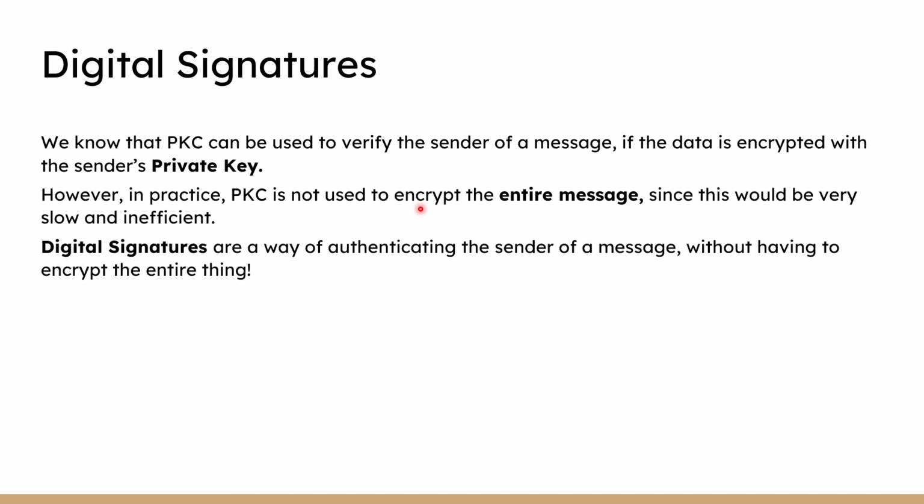So what we do instead is we use a digital signature, which is basically a way of using public key encryption on part of the message. So you can authenticate the sender and provide integrity without having to encrypt the whole message.